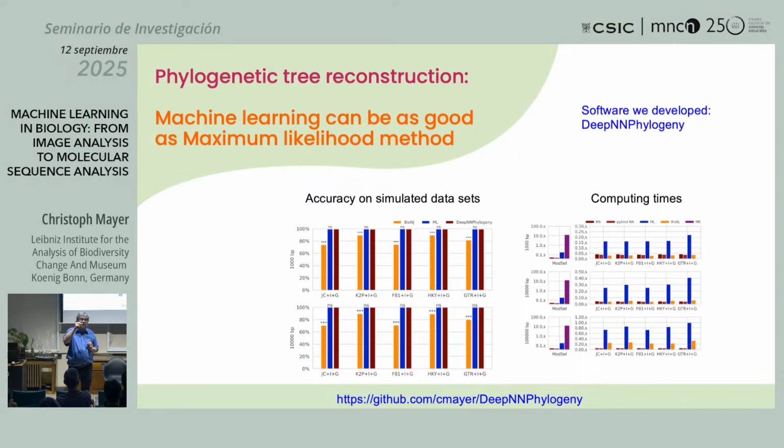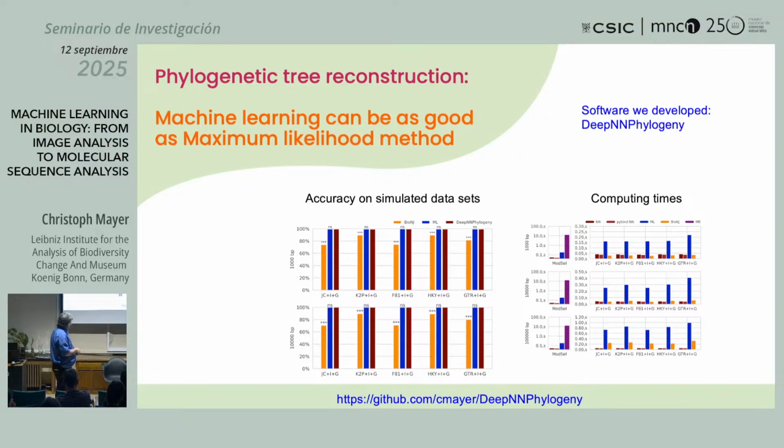Site patterns are, if you have an alignment, the first position in the alignment, second position, these patterns that you have. And the frequencies of these can be classified to get the most probable topology. And that's what we do here.